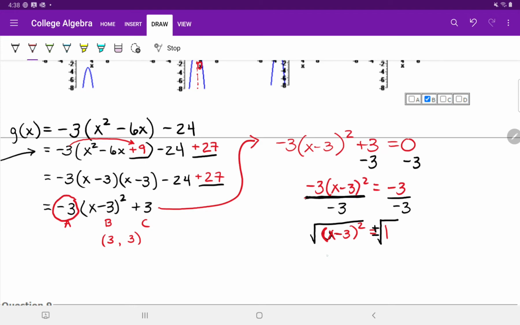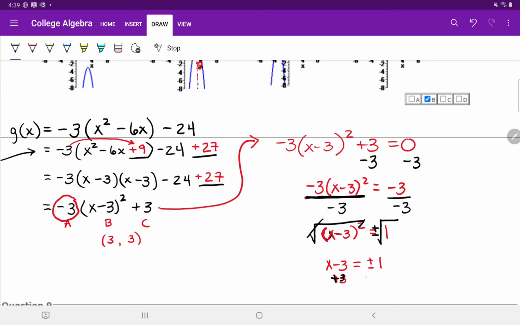So on the left-hand side, our square root and our square cancel each other out, so we'll just have x minus 3. On the right, we end up with plus or minus square root of 1. And the square root of 1 is just 1, so we have plus or minus 1. Now finally, to get that x by itself, we add 3.